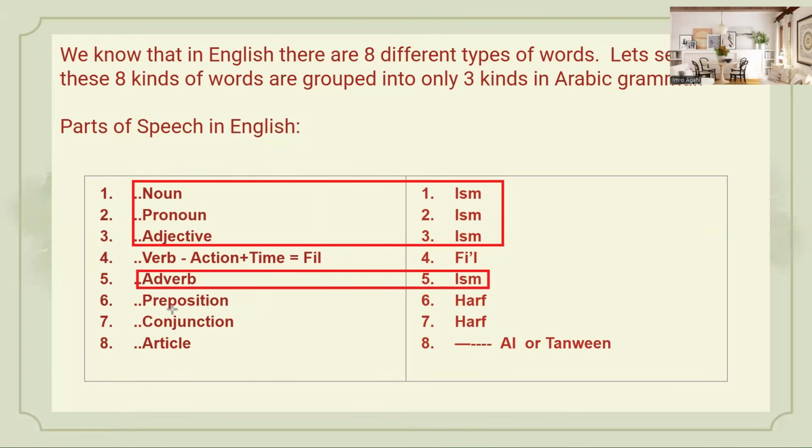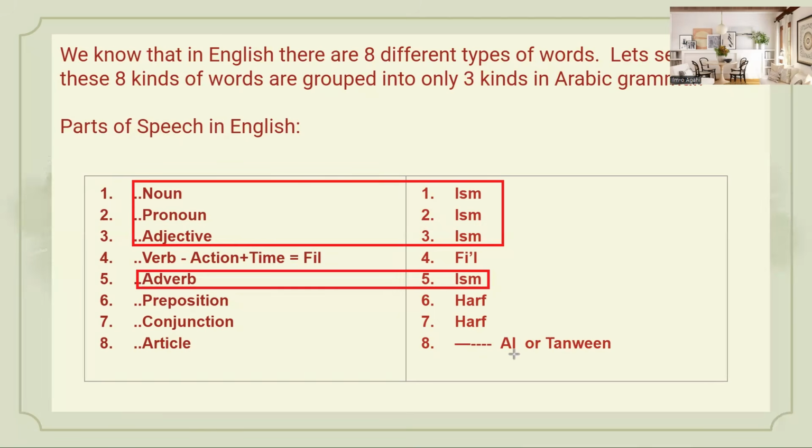Then harf is like preposition at, on, up, down. So to, from, all these are harf. These are, in Arabic, called harf jar. Another type of words are like conjunction, like harf ataf. And in English, we have article, a and the. But in Arabic, these are not considered parts of speech, or it is replaced by al.